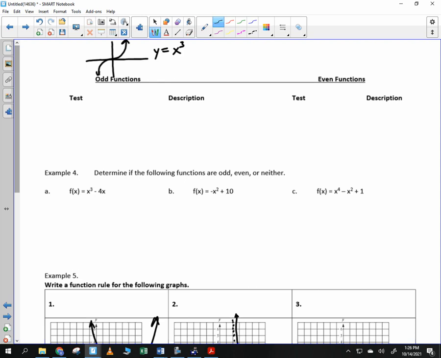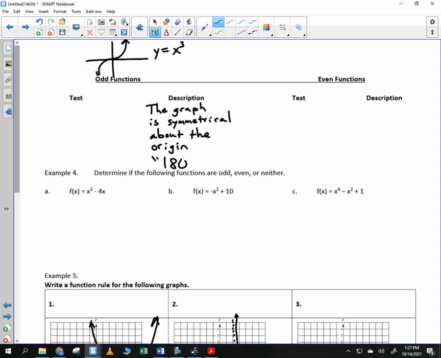And so one really easy way to determine an even function from an odd function is to look at the exponent. But that's technically not our definition. Here's what makes an odd function. The graph is symmetrical about the origin.